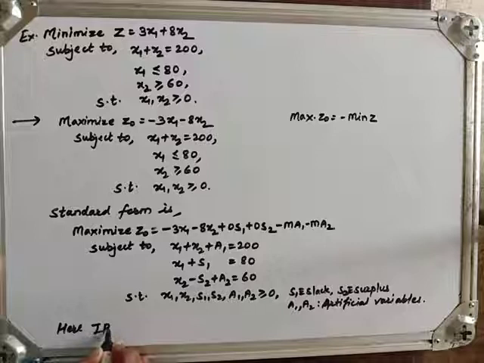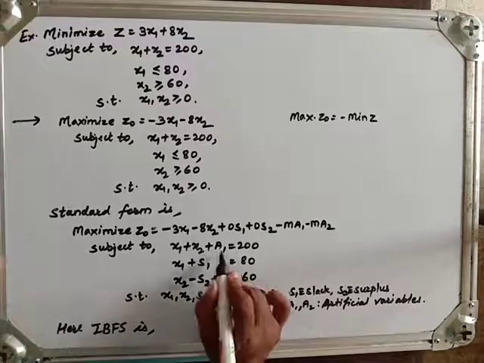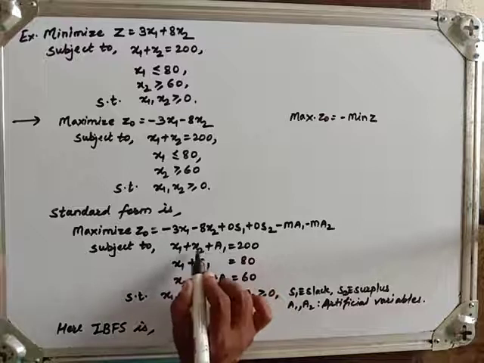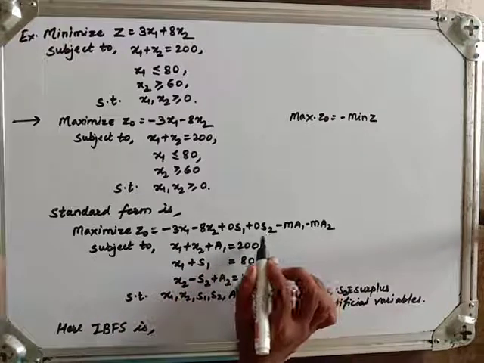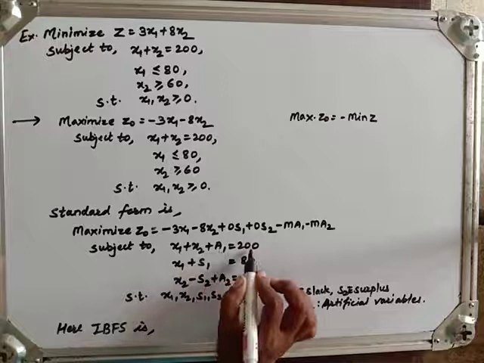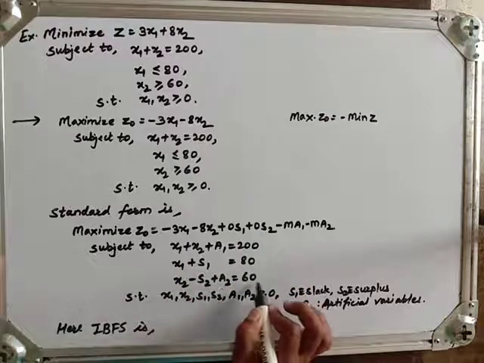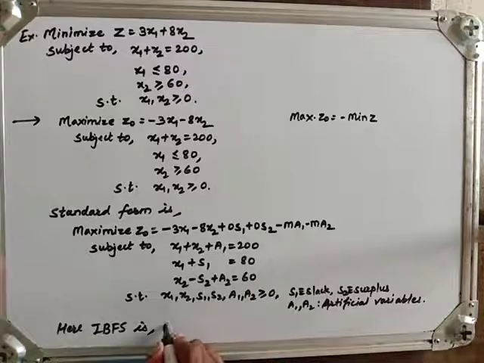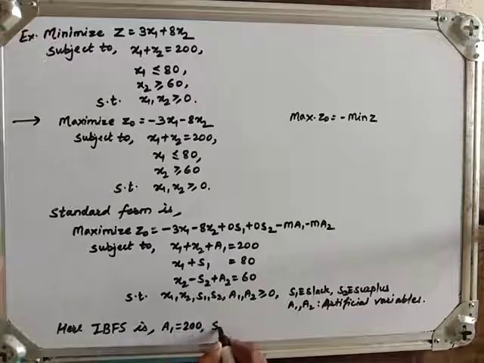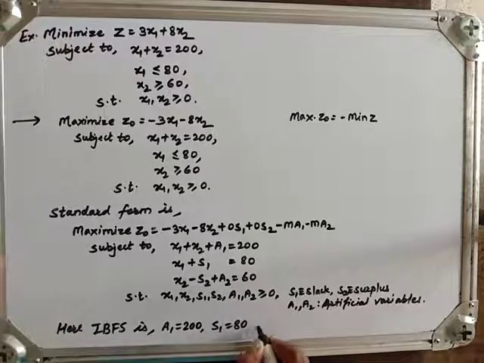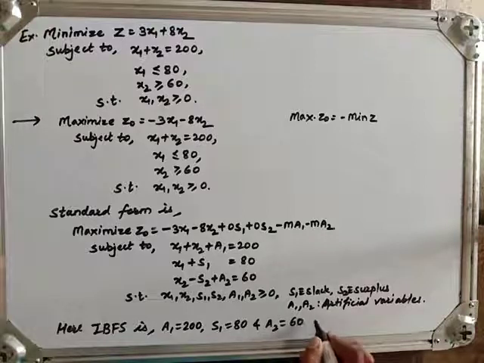Now the initial basic feasible solution: the decision variables will become 0, so a1 = 200, s1 = 80 and a2 = 60.